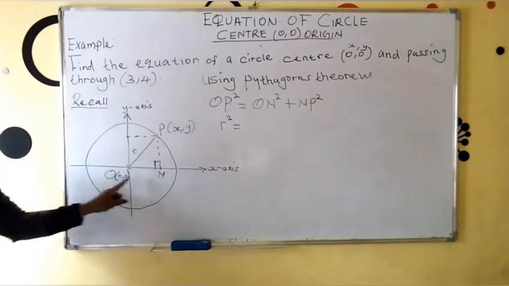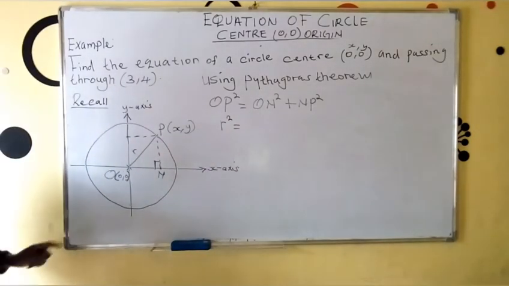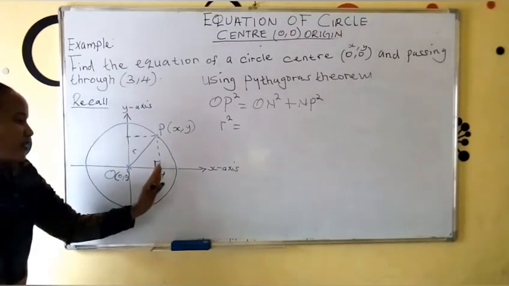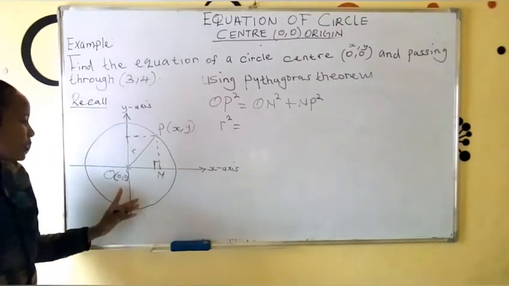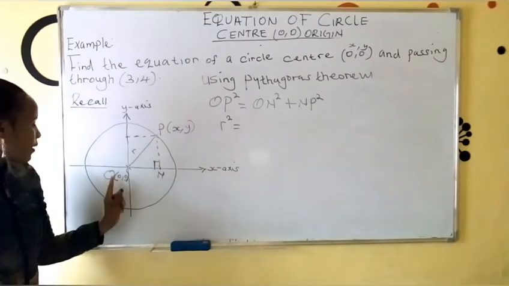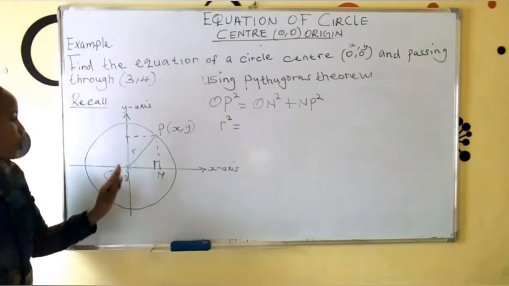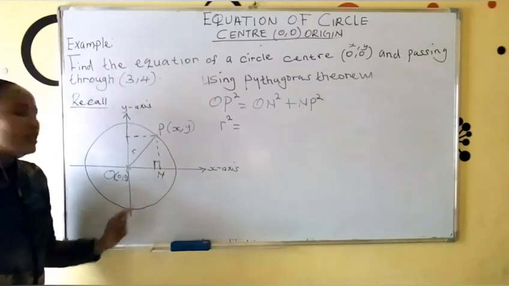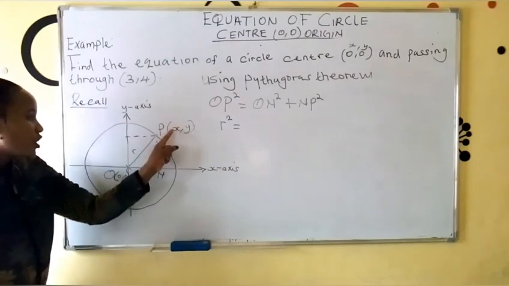If you look at ON, we know this is the point where x is 0, and x is increasing as we progress. As we approach N, x is increasing. So up to N, the value of ON is x, because we know the coordinate of P is x.